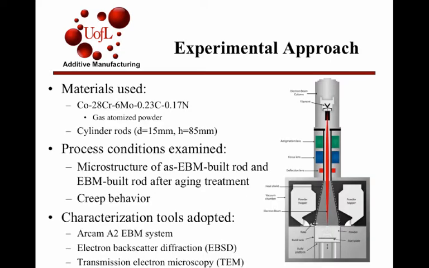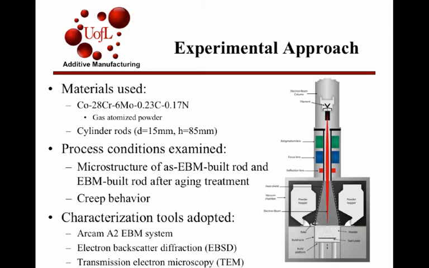The material used during this process was a gas atomized powder with the chemical makeup shown there. The powder that they used did meet ASTM standards. They tested all the powder before they completed the process, and they manufactured cylindrical rods with the EBM process with a diameter of 15 millimeters and a height of 85 millimeters.